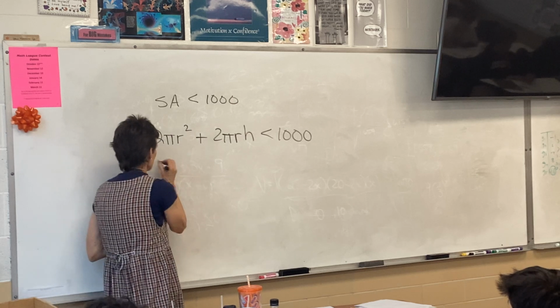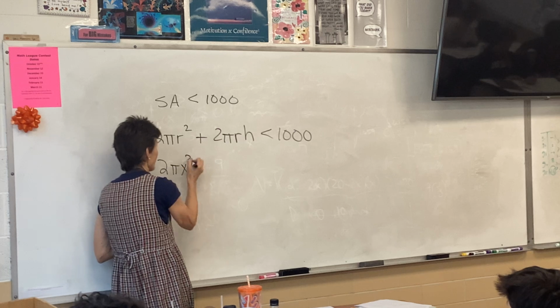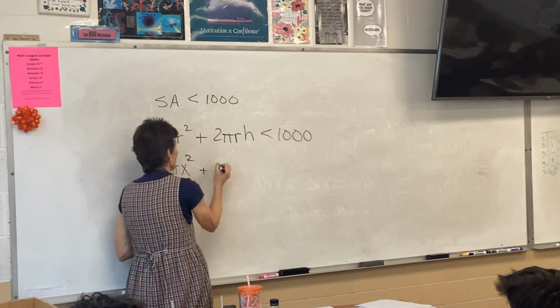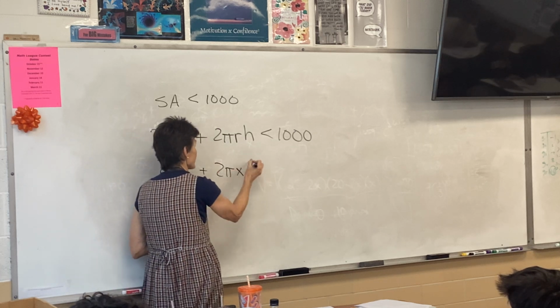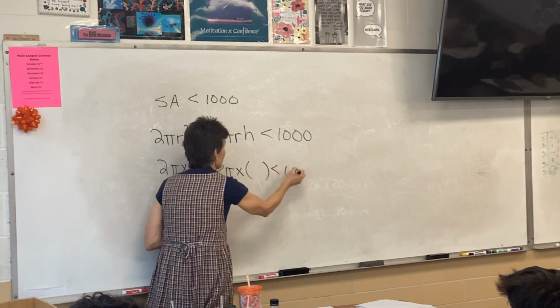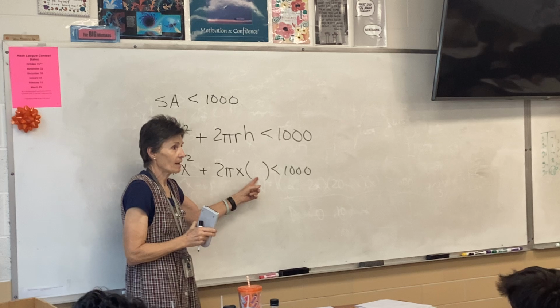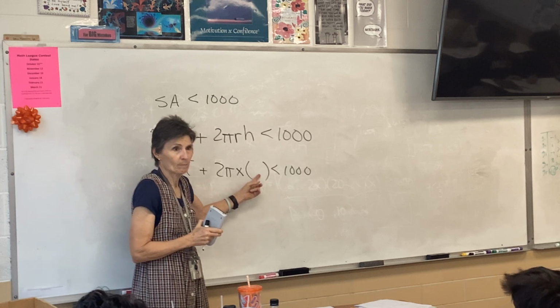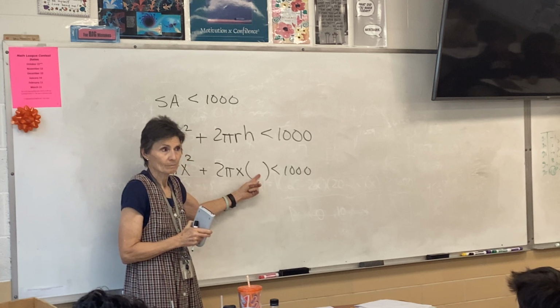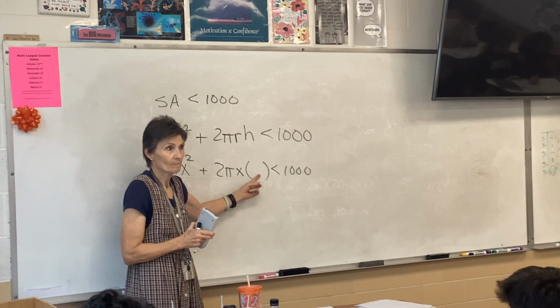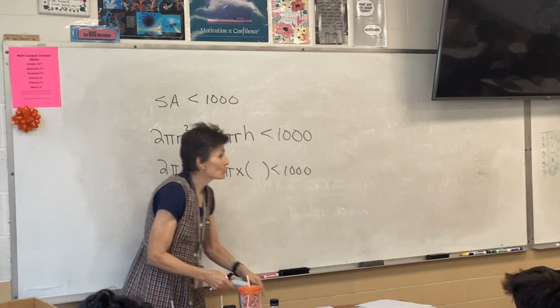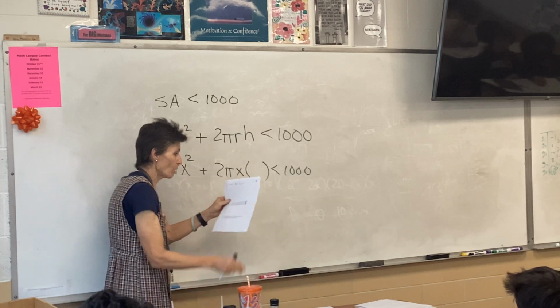So this could be 2 pi x squared, that's fine, plus 2 pi x h, but this is a problem, because I can't have another variable.